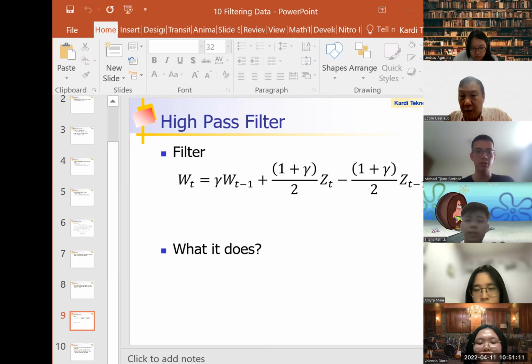Okay. So in high pass filter, can you make it? Michael, can you make the high pass filter? I haven't tried, sir. Okay. So Amira, how is the high pass filter? Can you make it?